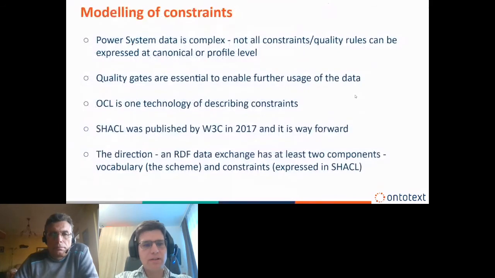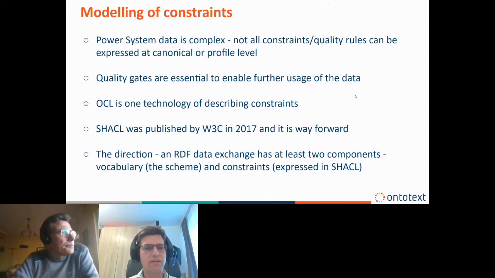I think we are now going to the last piece of information that I want to introduce to you. This is the modeling of the constraints. That's something also very important for a process like the Common Grid model, because the data is complex and it needs a lot of consistency checks between, for example, different parts of the model, equipment, and steady state hypothesis, or between different business processes.